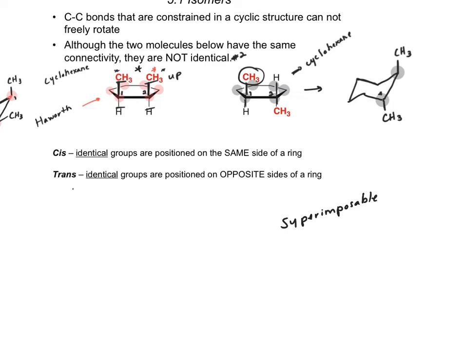Do these guys match up exactly the same? No. So is this the same compound? No. Okay, so these are different compounds. They are not constitutional isomers, though. They are stereoisomers, meaning same connectivity of atoms, but now they differ in their arrangement in three-dimensional space.